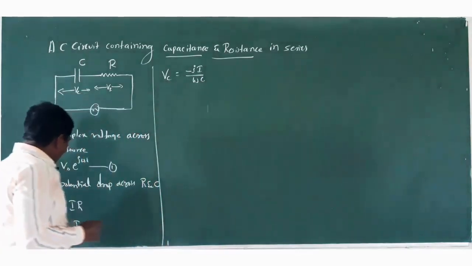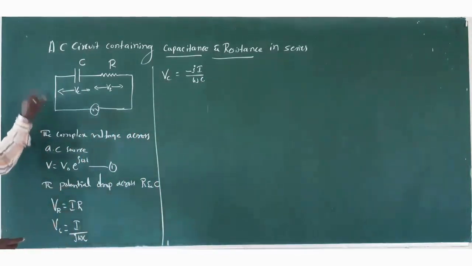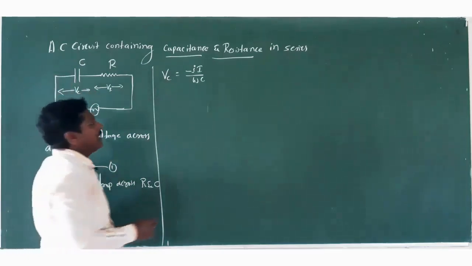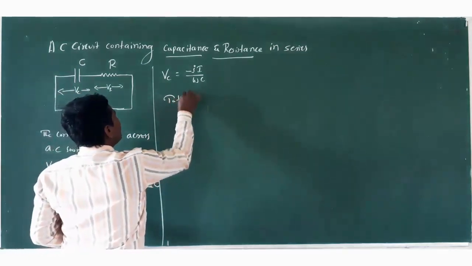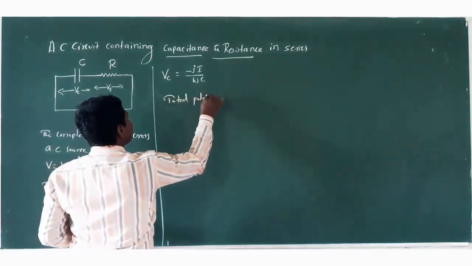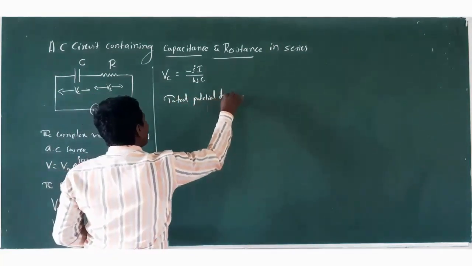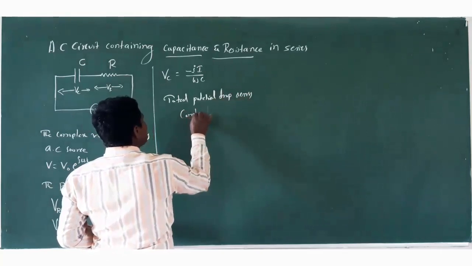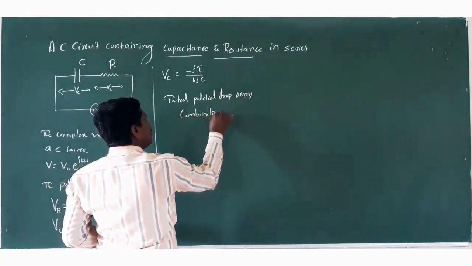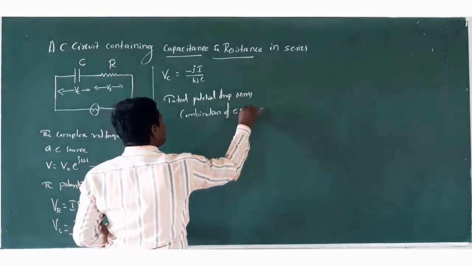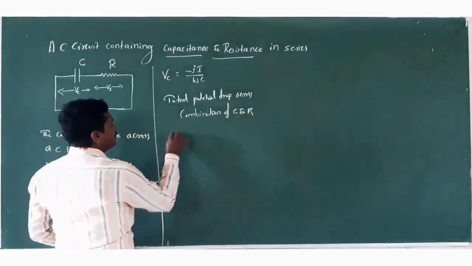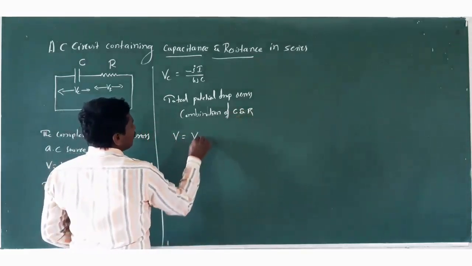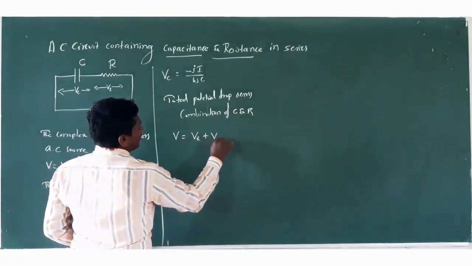Now the total potential drop across the combination of capacitor and resistor can be written as V, which is equal to VR plus VC.